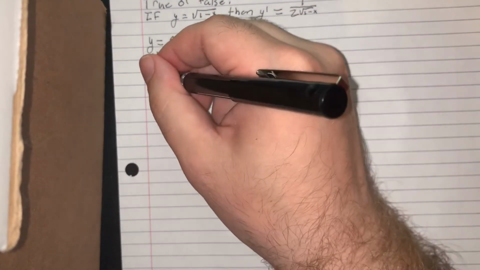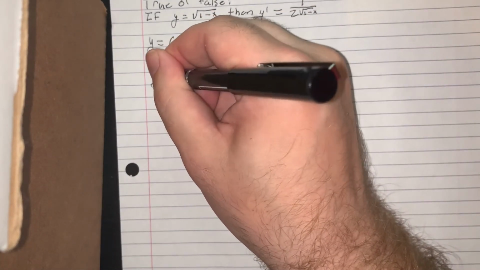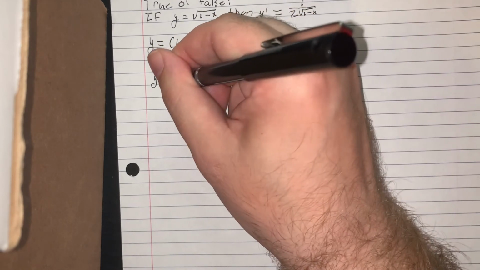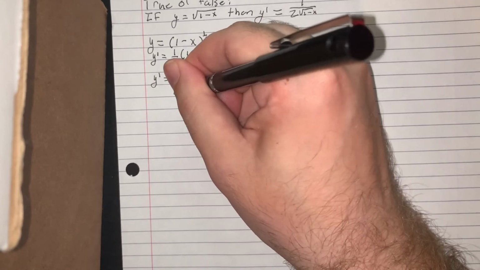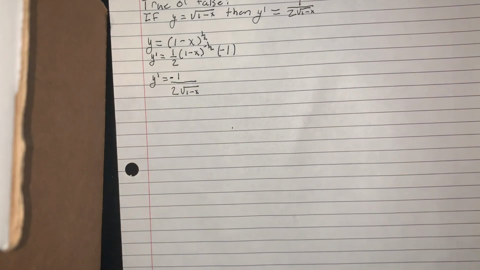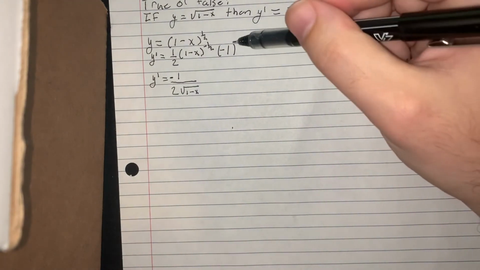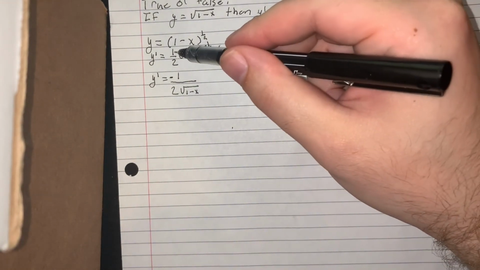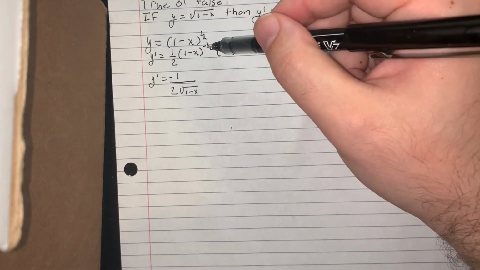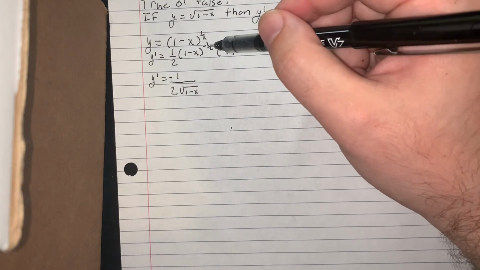So let's just simplify it and make it look pretty. Okay, so all I did was do 1 over 2, and then I brought this down as a square root because it's the negative 1/2 power.